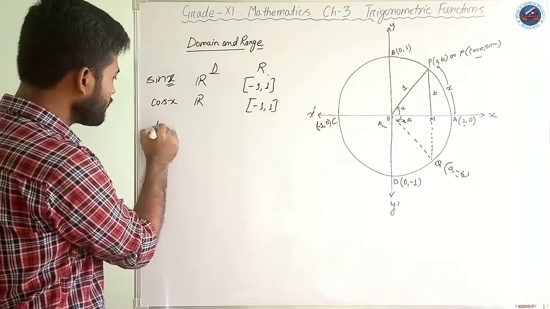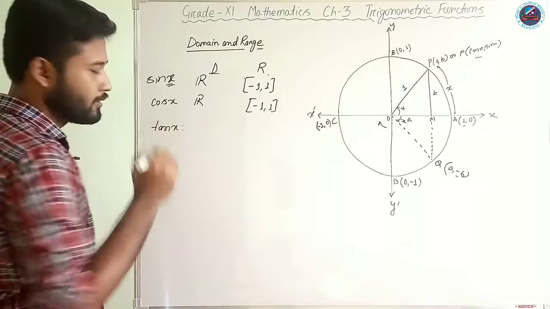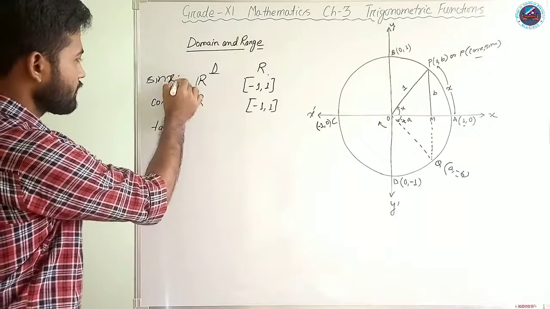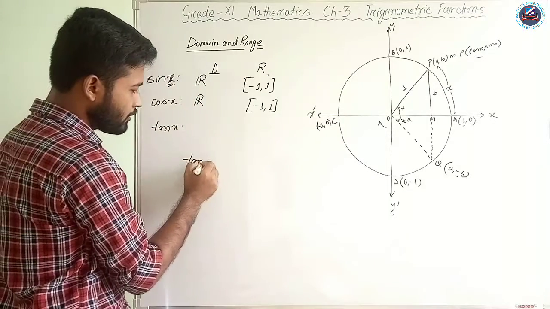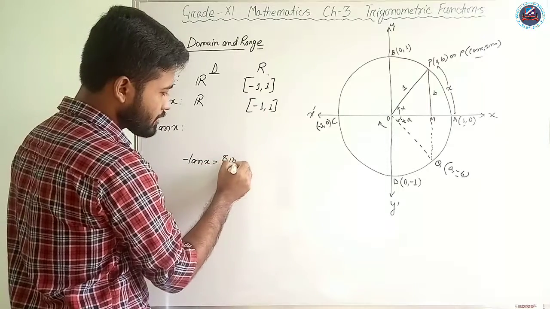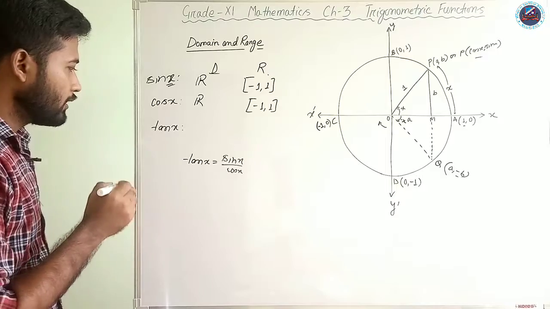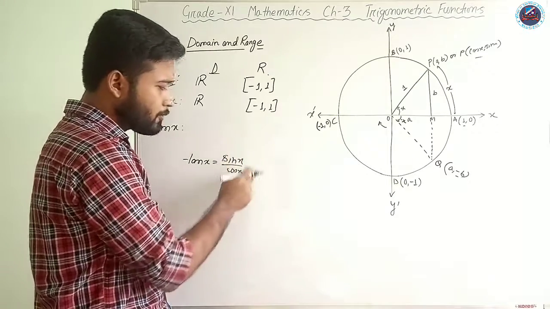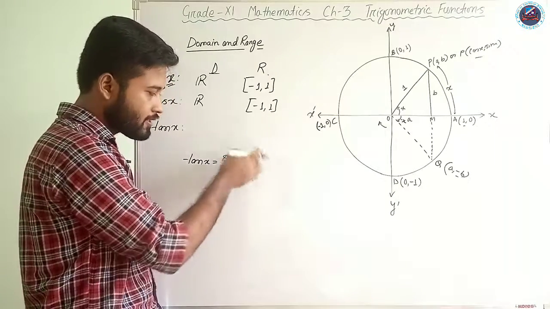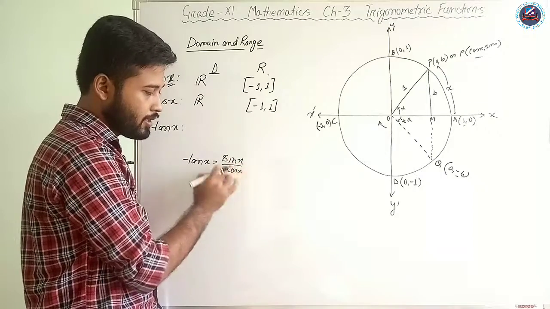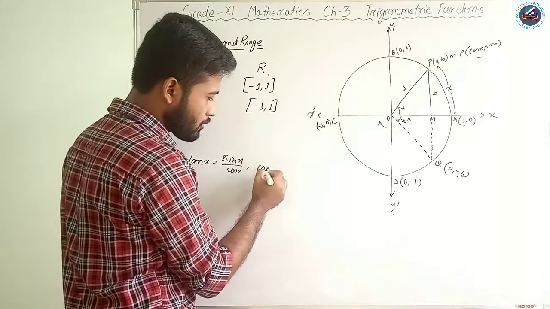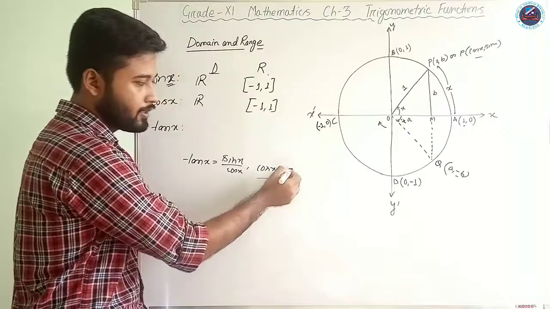Fine. Now what about tan x? How do we see the domain of tan x? We know that tan x is equal to sin x divided by cos x. Since this is a rational function, cos x cannot be 0, isn't it?